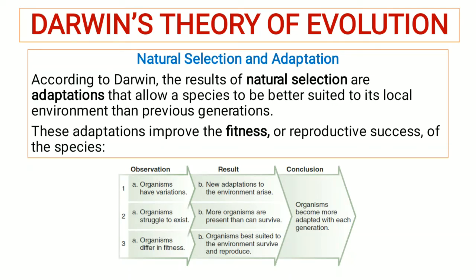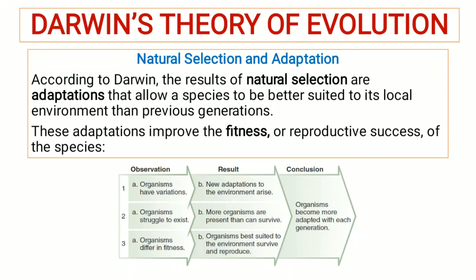So what is the conclusion of all these conditions? Organisms become more adapted with each generation. If the environment is changing and resource availability is limited, variations exist in the organisms.